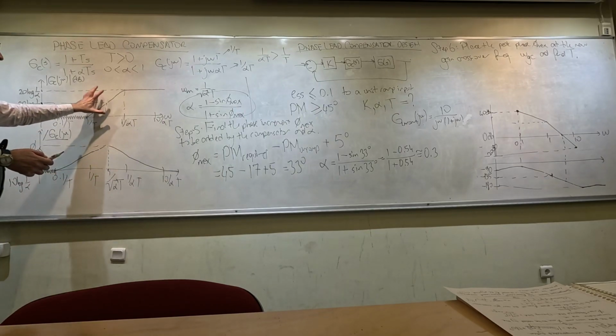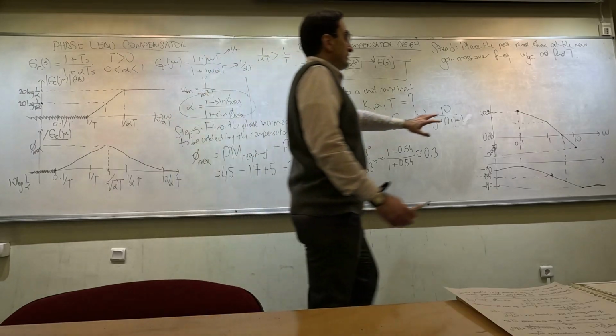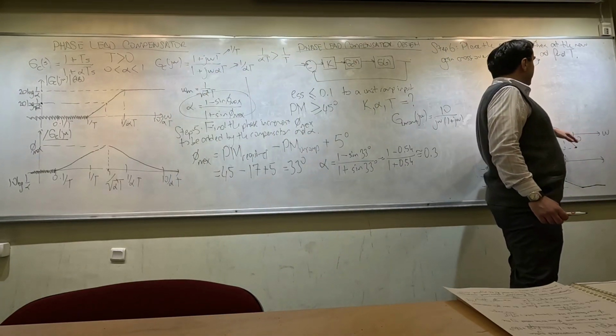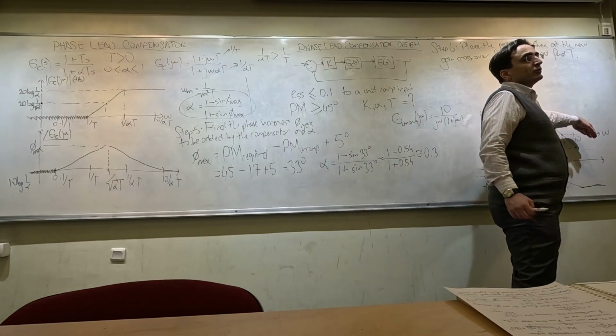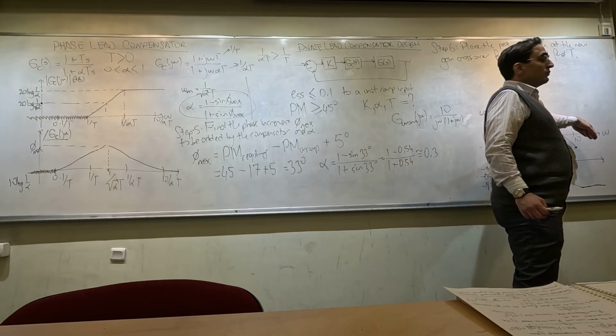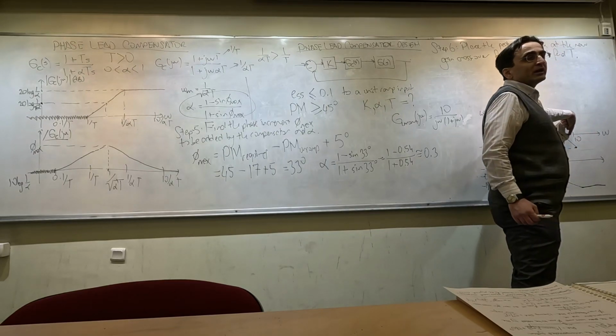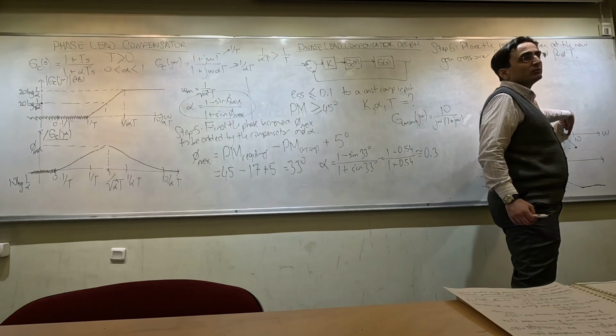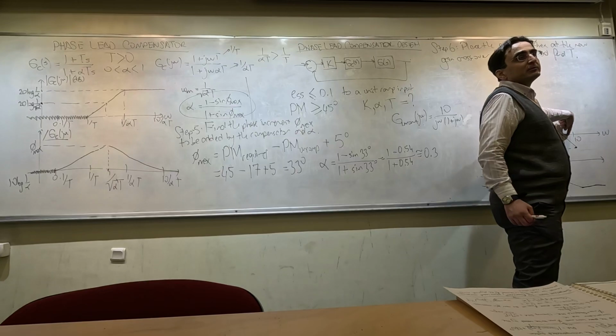When I add this magnitude to this magnitude here, the gain crossover frequency of the system is going to shift. When it shifts, I'm going to obtain a new gain crossover frequency where this magnitude curve crosses the 0 dB line.